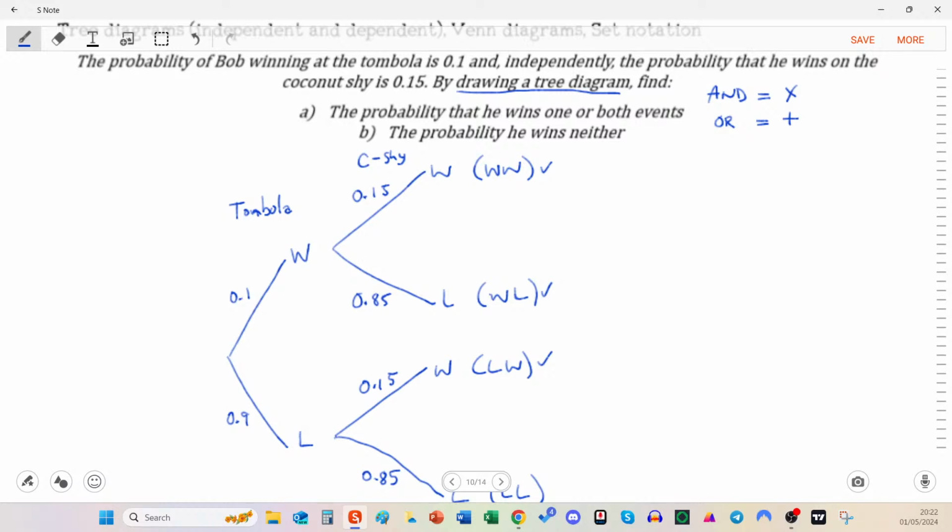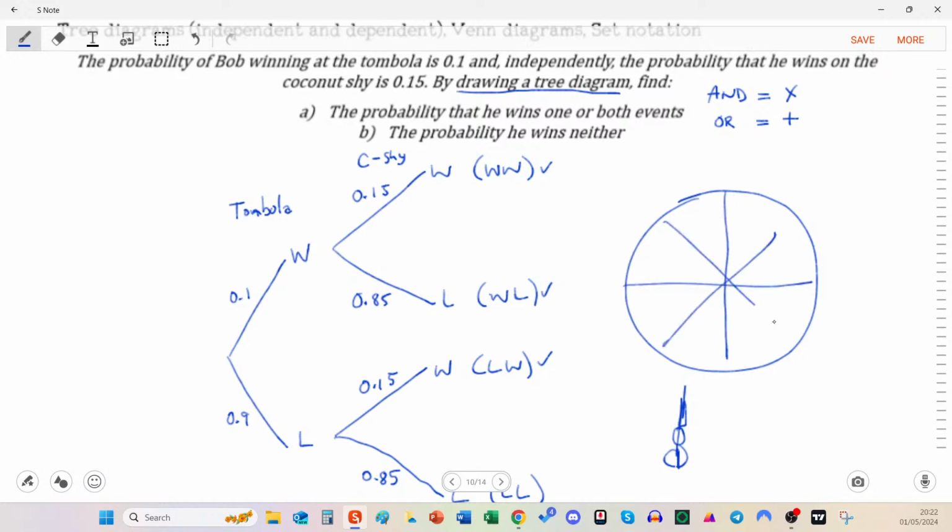The best way of visualizing this, I think, is a dartboard. Let's say you're going to throw a dart at the board. What do darts look like? Nothing like that, right? You're going to throw a dart at the board and it was split into 8. And if you get it in this region, then you win.